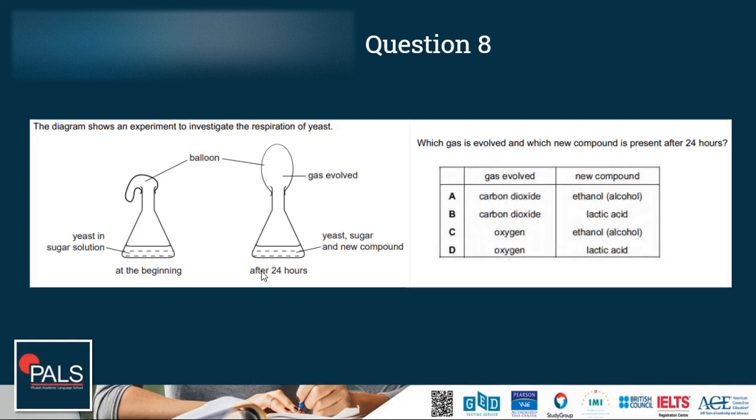After 24 hours, we still have some yeast and sugar in the solution, containing a new compound now, and gas has evolved. Which gas is evolved, and which new compound is present after 24 hours? Take your time.